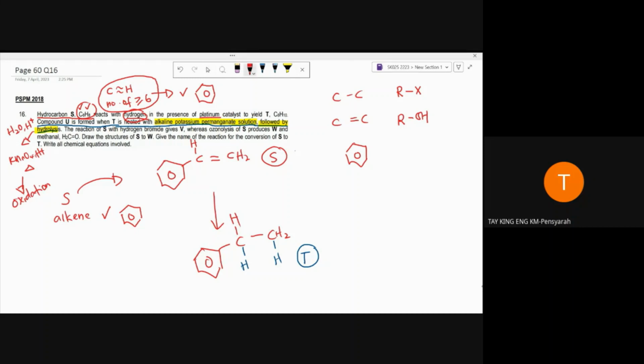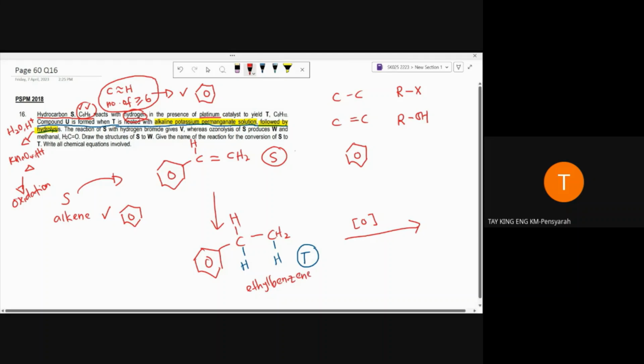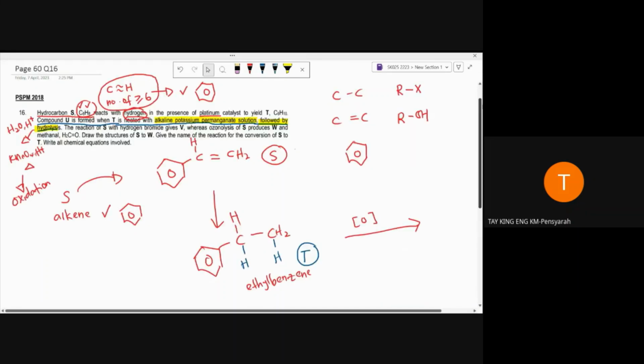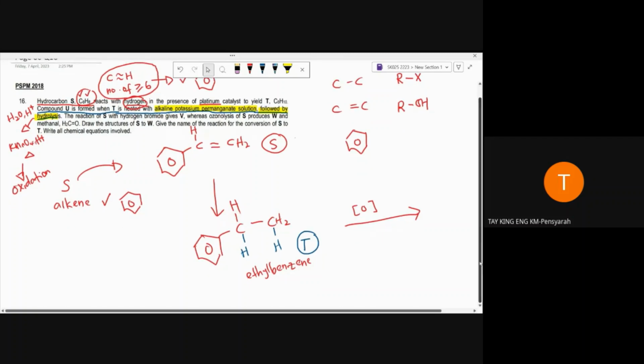So bila kita tahu dia adalah oxidation, structure T ini kita consider secara umum adalah ethyl benzene. So ethyl benzene boleh undergo oxidation. Kenapa dia boleh undergo oxidation? Sebab dia ada benzylic hydrogen.